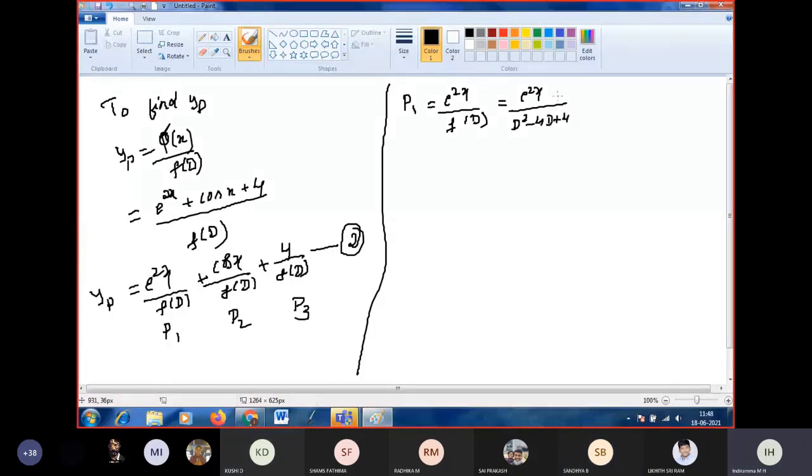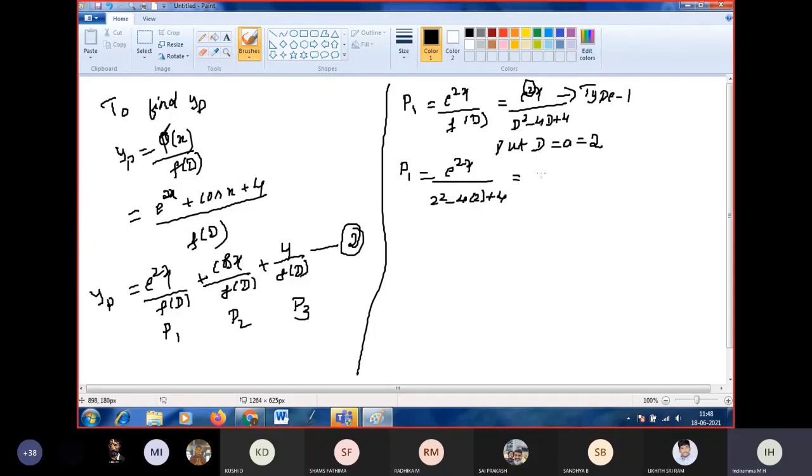Which type is it? Type 1. In type 1, put d equal to a equal to 2. Therefore, P1 is equal to e power 2x by 2 square minus 4 into 2 plus 4.